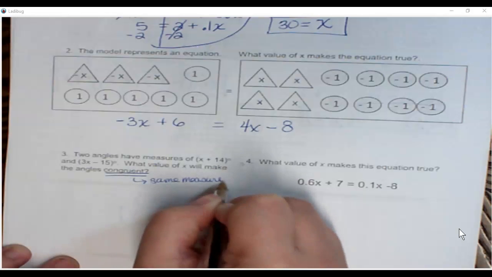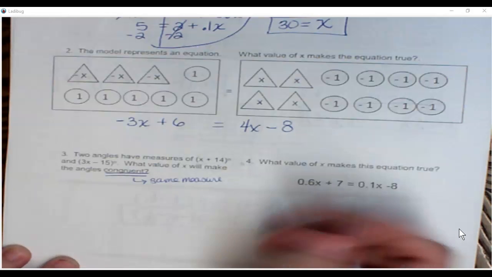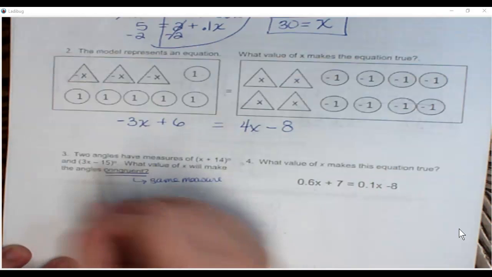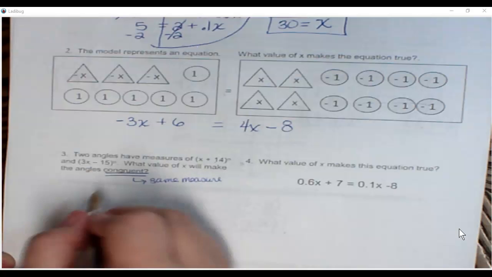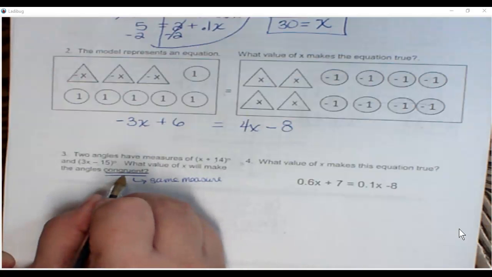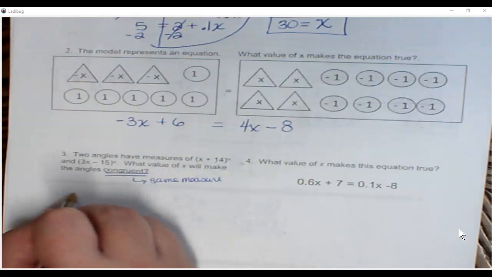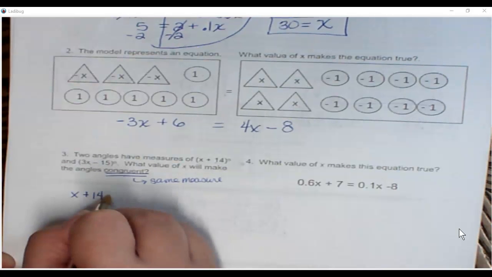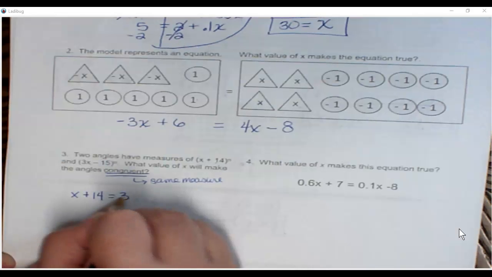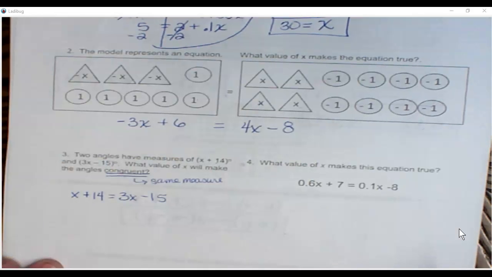The same measure, or equal. So what we're going to do is put both of these angle measurements and set them equal to each other because we want them to be congruent or equal to each other. So x plus 14 is equal to 3x minus 15.